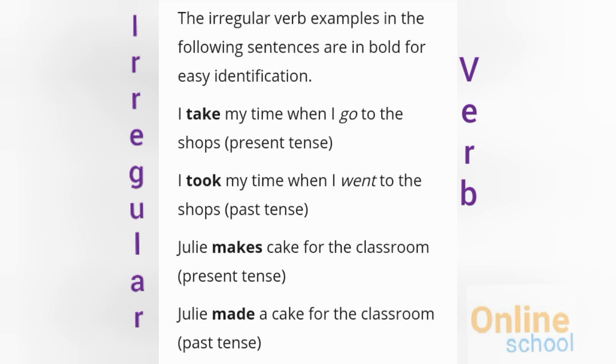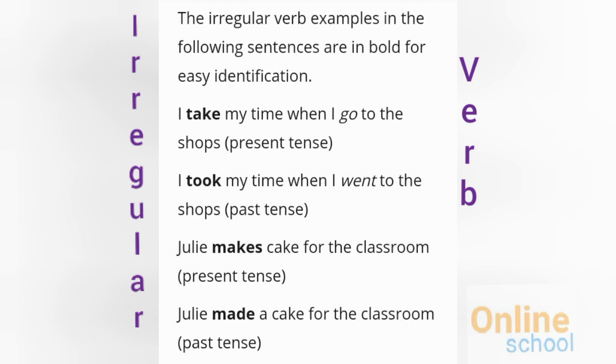The irregular verb examples in the following sentences are in bold for easy identification. First, I take my time when I go to the shops. Present tense. I took my time when I went to the shops. Past tense.